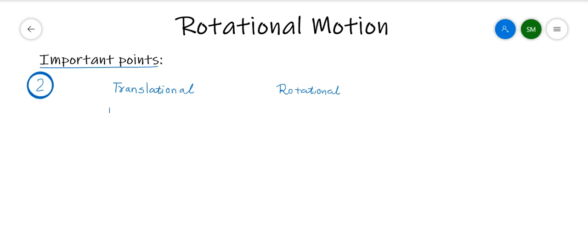Today we are going to discuss which quantity of translational motion is analogous to which quantity of rotational motion. For example, in translational motion, wherever mass comes in, that role is played by moment of inertia in rotational motion.